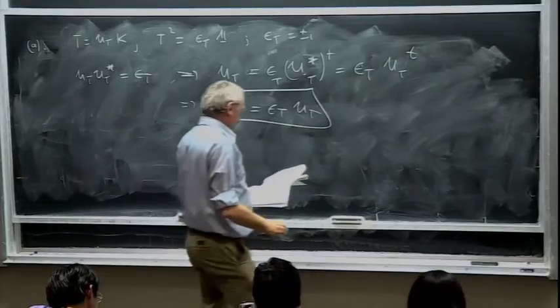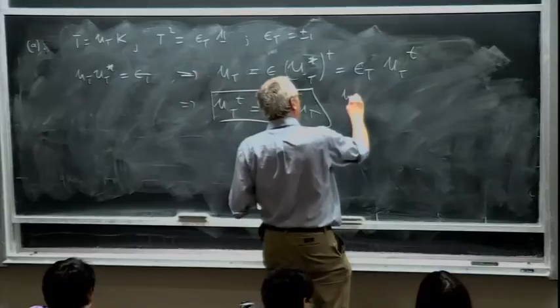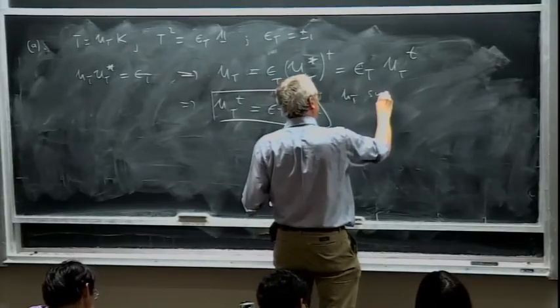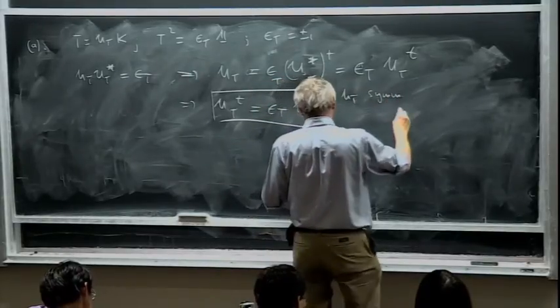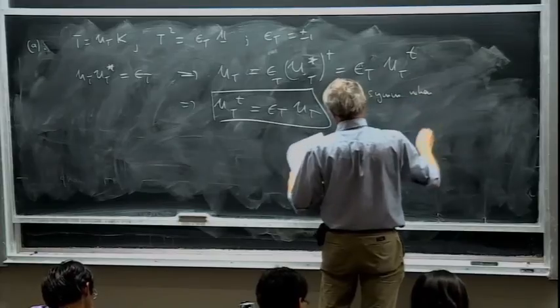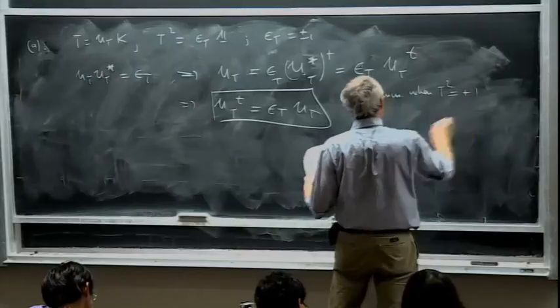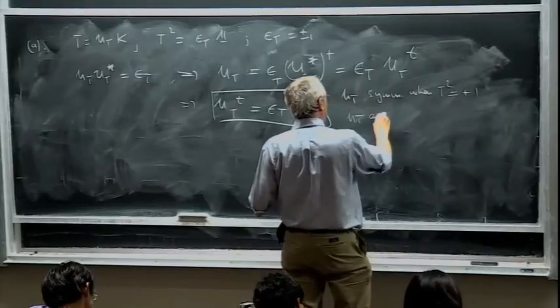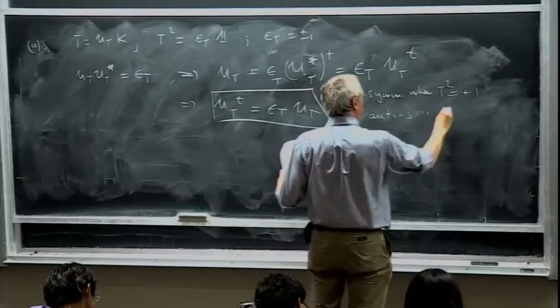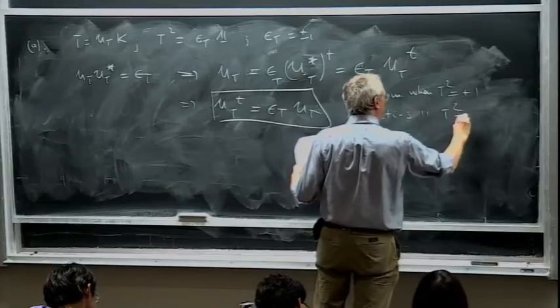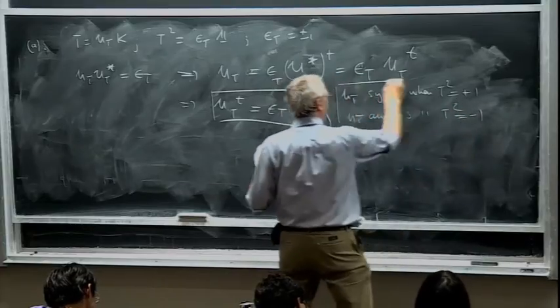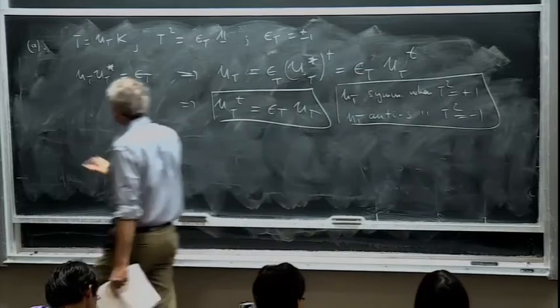So we probably know this. UT is a symmetric matrix when T squared is plus 1. UT is an antisymmetric matrix when T squared is minus 1. So that's what it tells us.